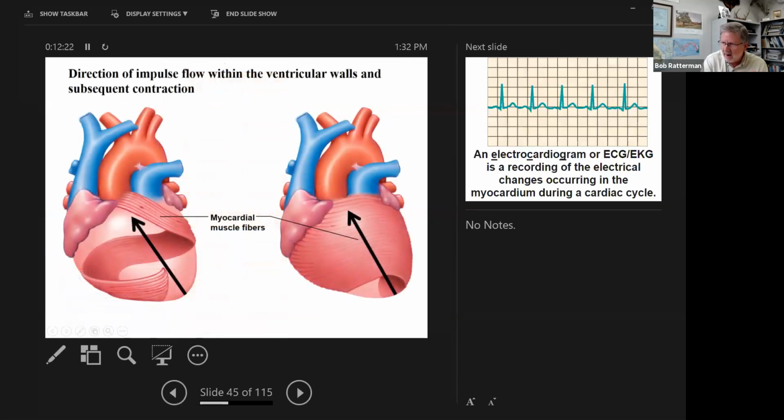That means that when the heart contracts, when the blood gets ejected from the two ventricles, it gets ejected from the apex upward. Here's the analogy I want you to think about. If I gave you a wet washcloth and I asked you to get as much water out of the washcloth as you can, what would all of you do instinctively?